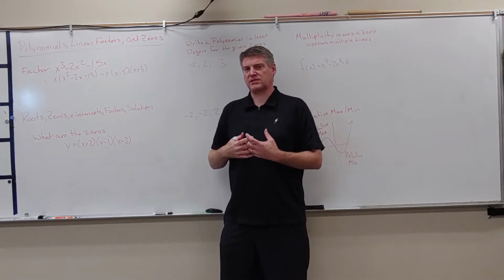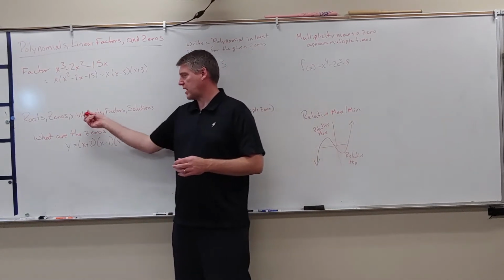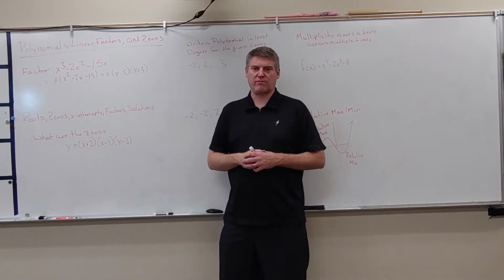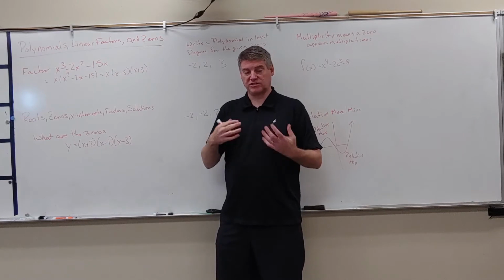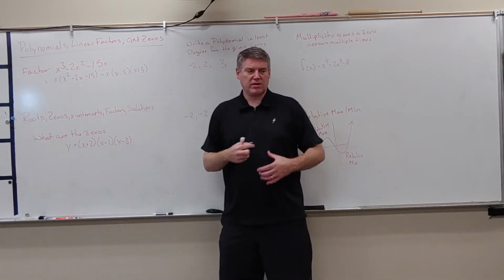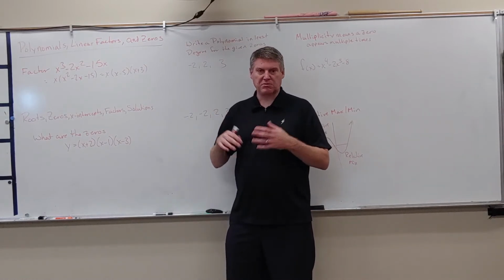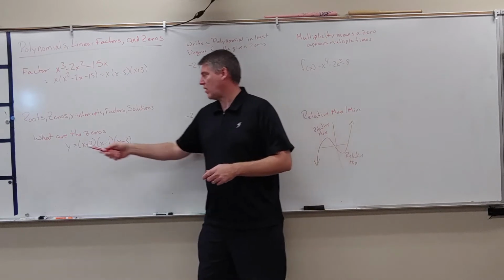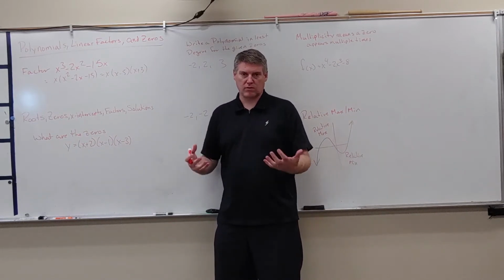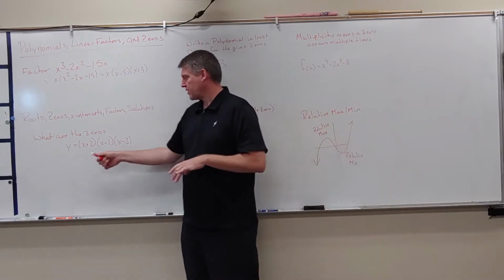If I'm asking where the graph will cross the x-axis, I would use x-intercepts. If I ask what values make this function 0, I'm looking for the zeros. But a lot of times we use these terms interchangeably, so understand that all 5 of these are really asking for the same thing.